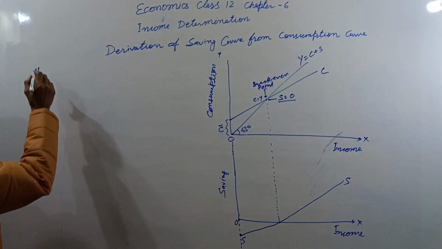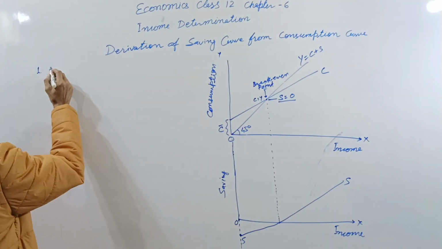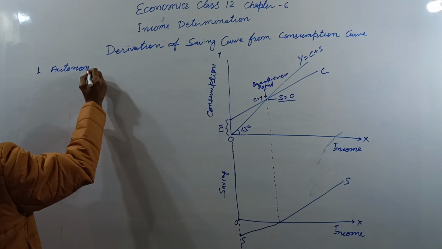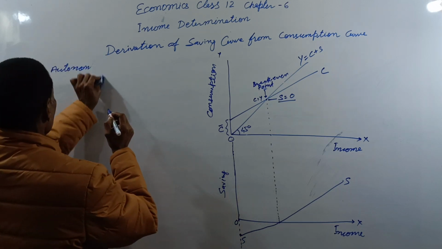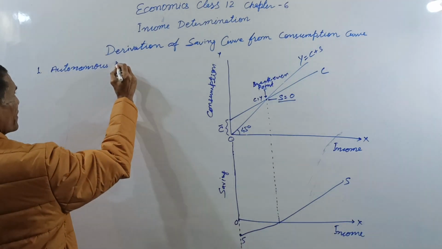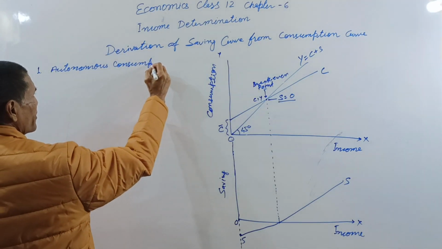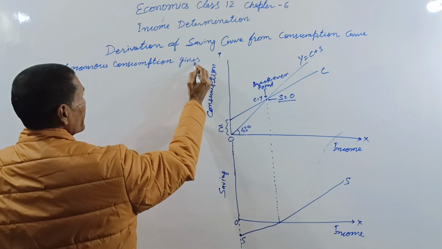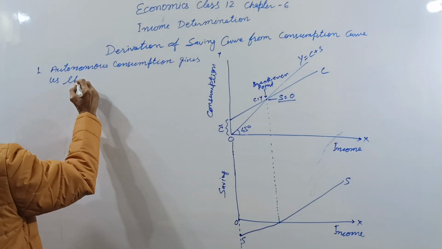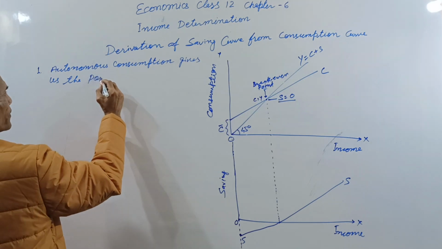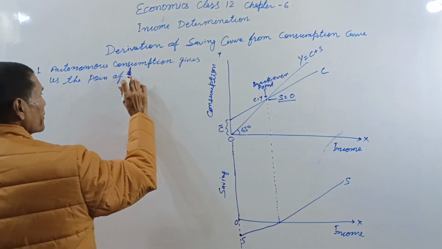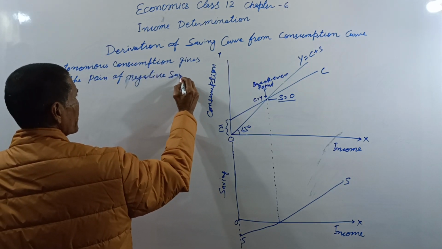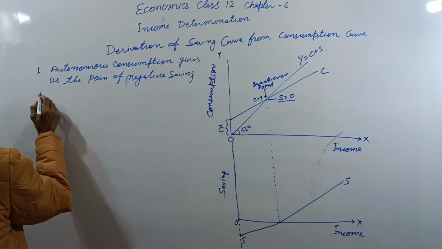First, you will write: the autonomous consumption gives us the point of negative saving.